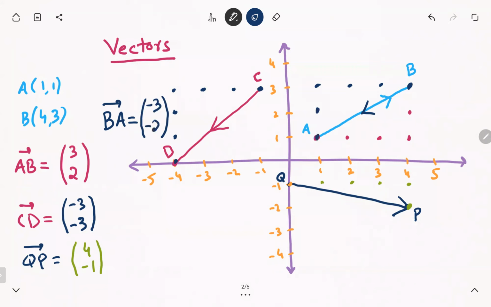So in the same way you have calculated the vector BA as well. Now tell me the vector PQ from the diagram. So for PQ the direction will be reversed. You need to start from P now.